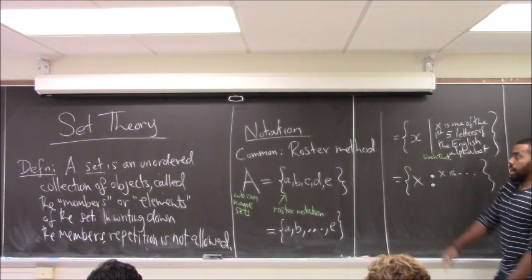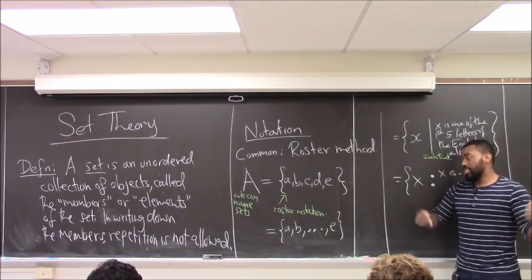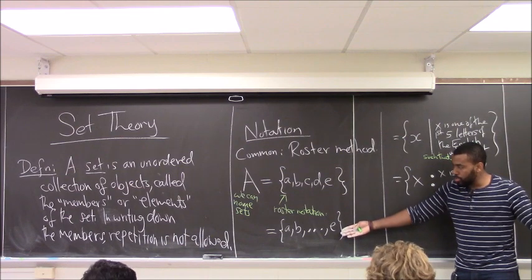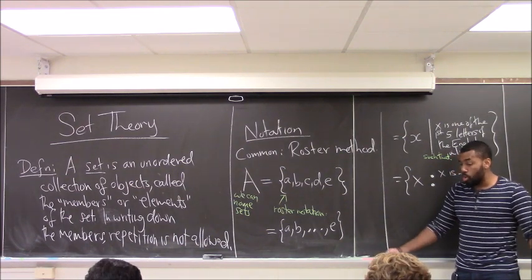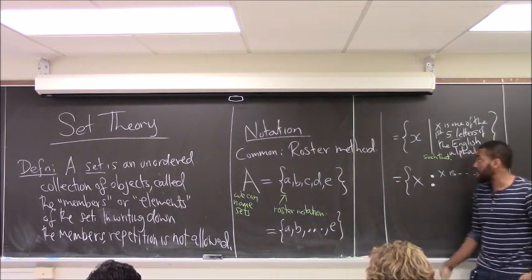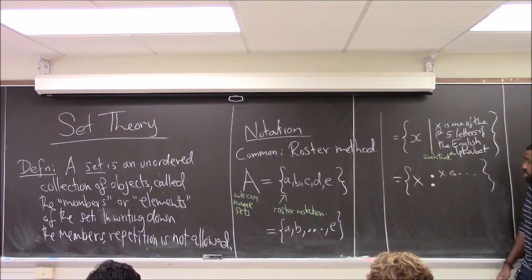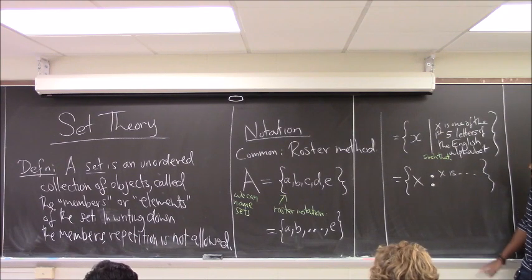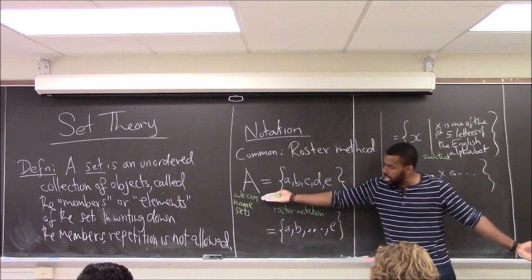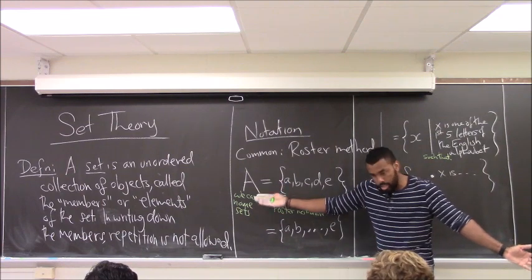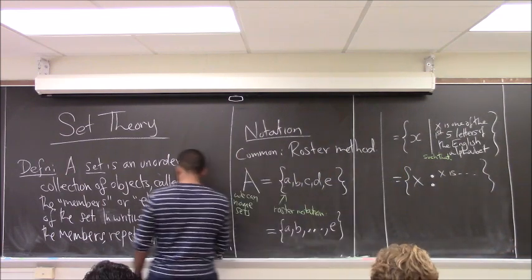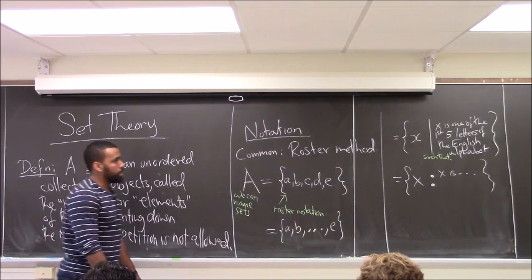So I can list everything, or if I can write down a pattern, I can use ellipses to show the continuation of some pattern, or if the pattern is really hard to write down, I can literally describe it in a phrase or with some other mathematical notation as necessary. And this is called the roster method. You should also be aware that we can give sets names. We usually name them with uppercase letters, but not always. That's a typical convention.